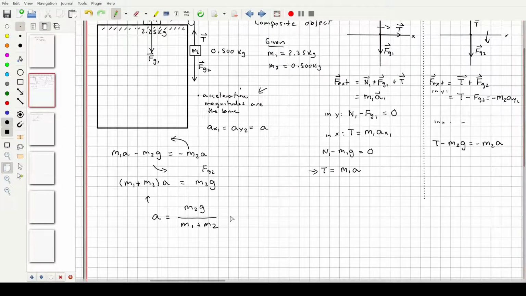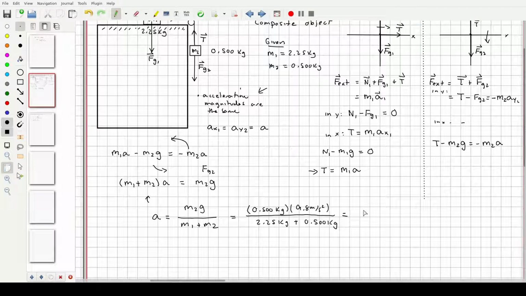It looks like this. Now, what was M2? M2 is 0.500 kilograms. And G is just the acceleration due to gravity. Then you divide by the sum of the masses: 2.25 kilograms plus 0.500 kilograms.